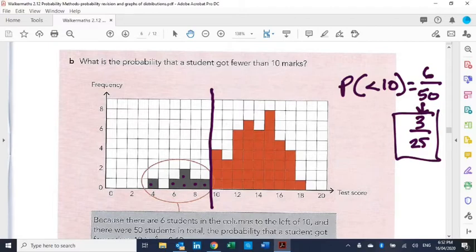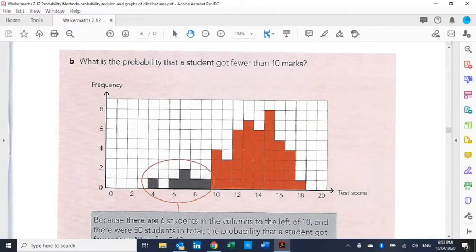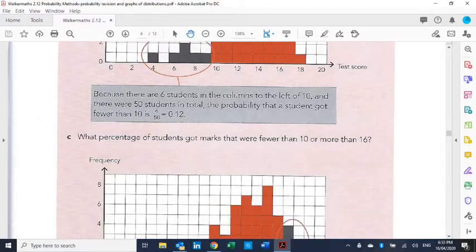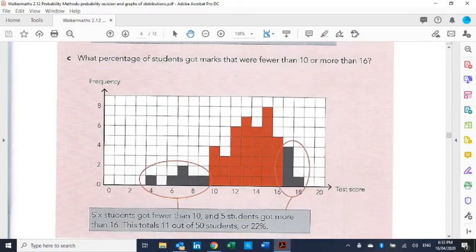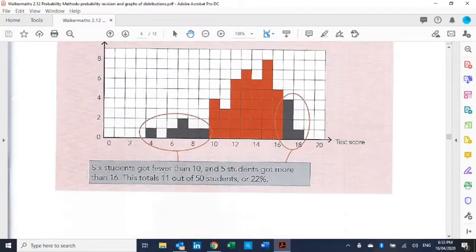But all right, now, so fewer than, more than. This one wants fewer than 10 or more than 16, right? So 6 students got fewer than 10, 5 students got more than 16, so that means 11 out of 50 students, or 22%.